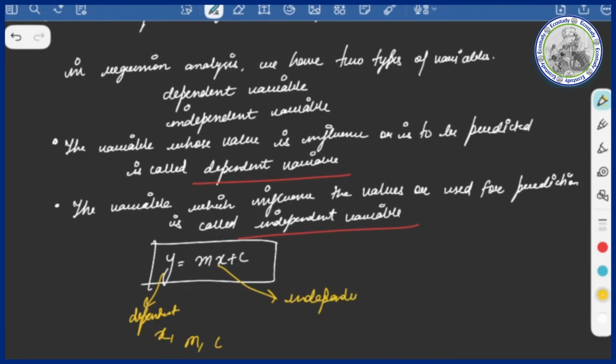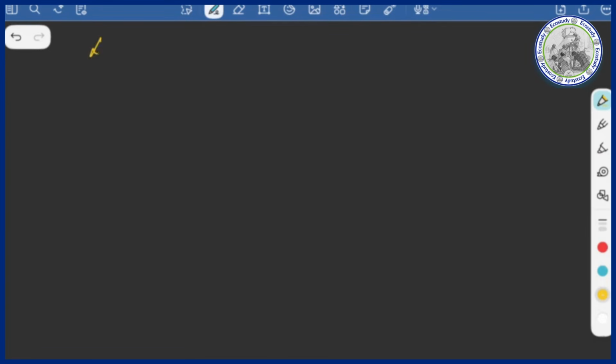It does not depend on anyone, and this m is a coefficient of x which is calculated using the values of x. Okay, now we will come to the linear regression.